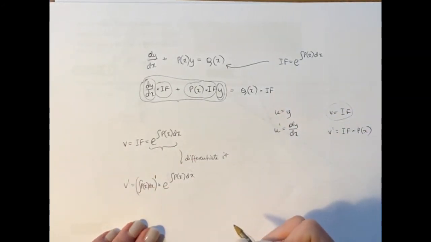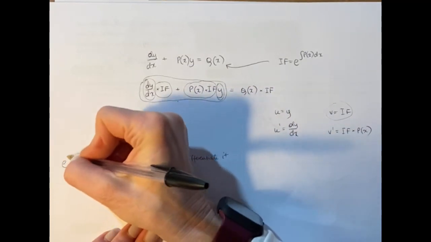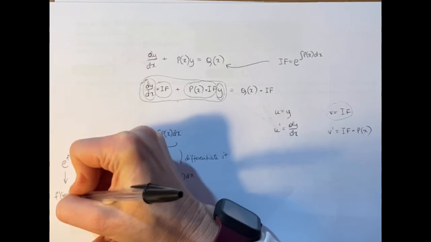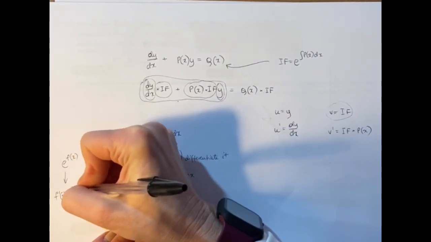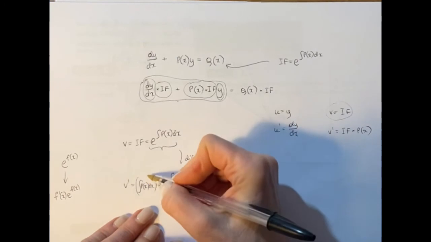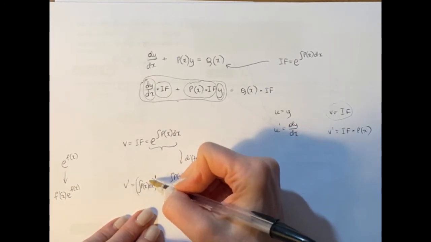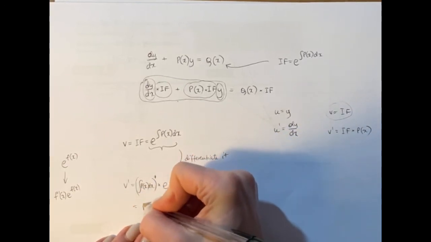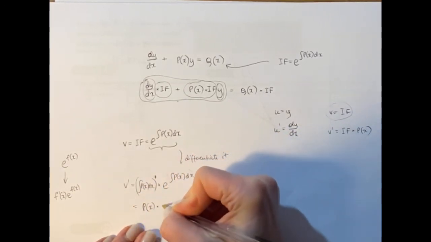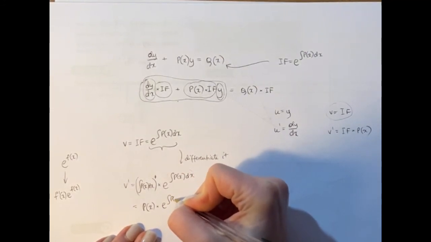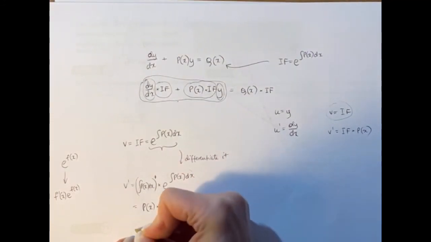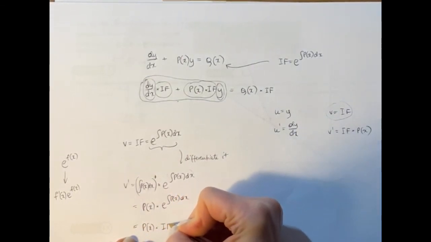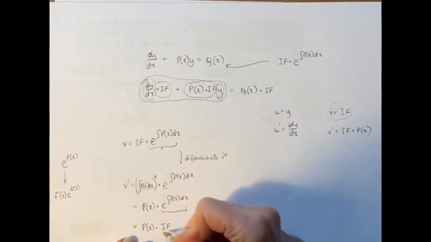And that's what happens when you differentiate e to the power of f of x. It goes to f dash of x, if that's your power, times e to the power of f of x. Okay, but what have we got here? We are differentiating the integral. So these two undo each other. So you're left with p of x times e to the power of the integral of p of x dx. So we are actually left with p of x times the integrating factor, because that is the integrating factor.